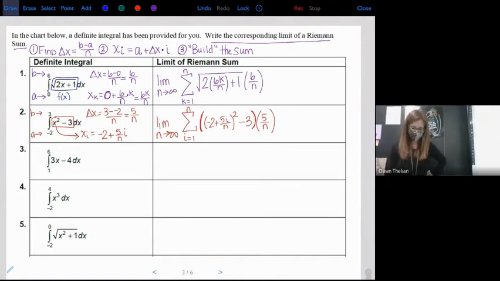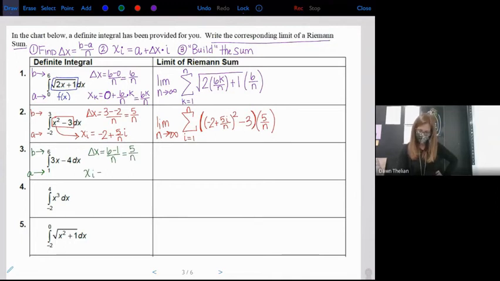Let's do another one. The integral from 1 to 6. So my a is 1. My b is 6. Delta x, b minus a over n, is 5 over n. And my x sub i is a, which this time is a 1, plus my delta x times i.